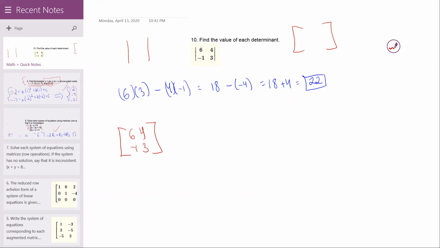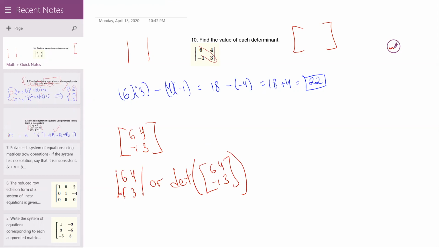If we want the determinant of that matrix, we either write it as bars around 6, 4, -1, 3, or det, and then we write the matrix. So the bars and the brackets are not the same. They do mean different things.